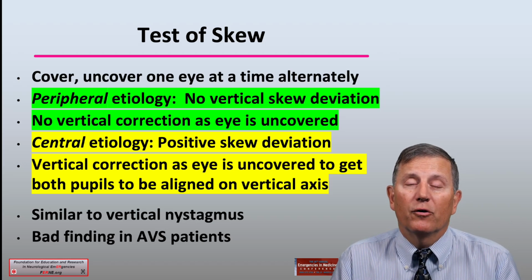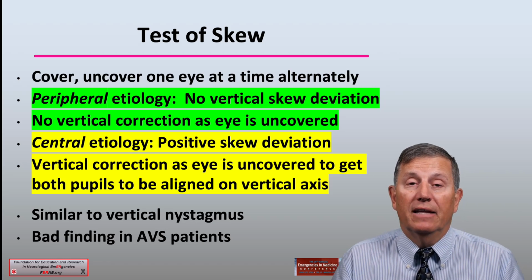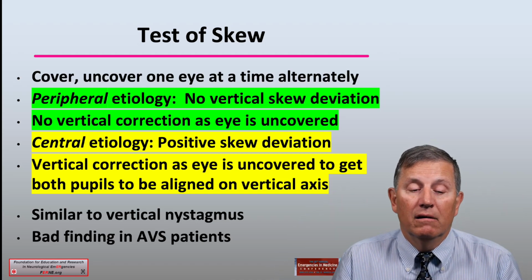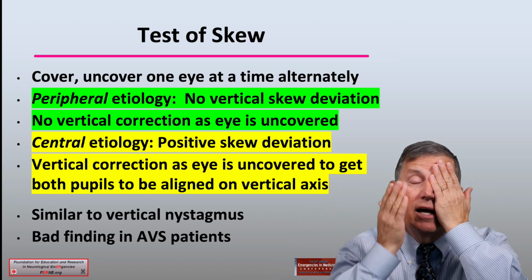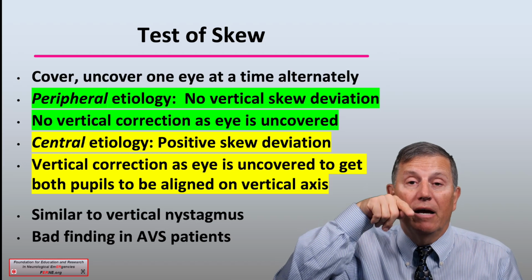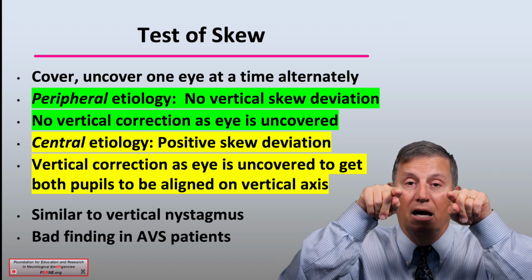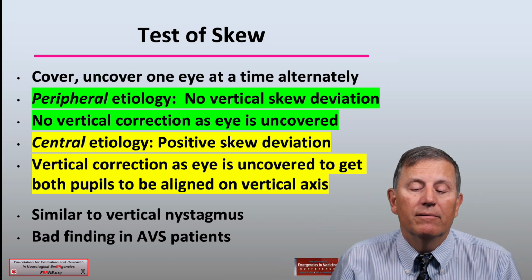If it is a peripheral etiology, there will be no vertical skew deviation to get the pupils lined up on the horizontal axis. In other words, when covering and uncovering the eye, there will never be a vertical movement to make the two pupils line up on a horizontal line.